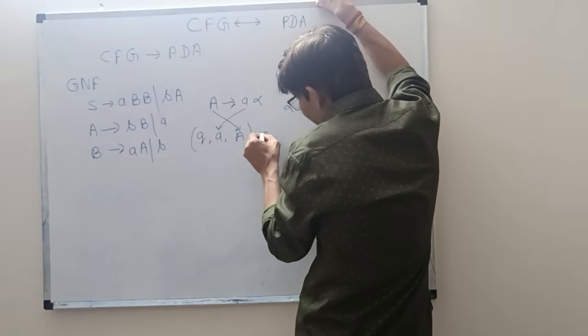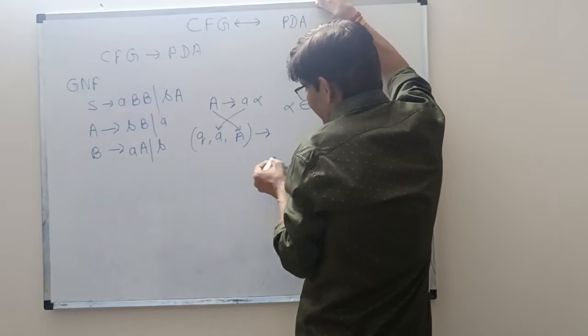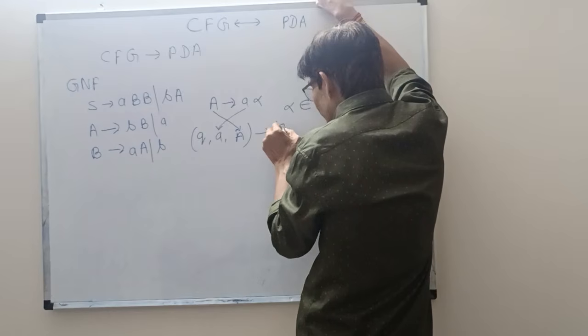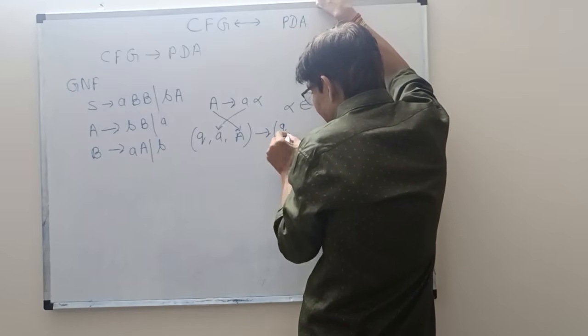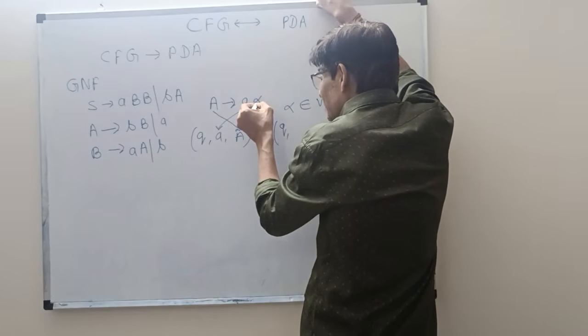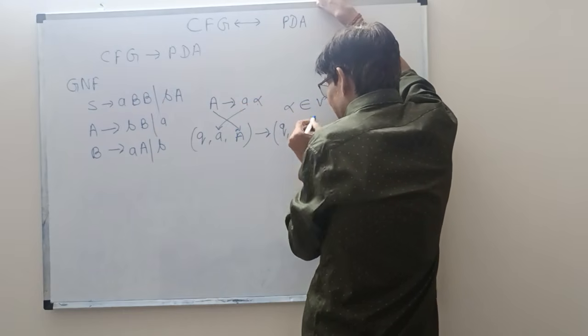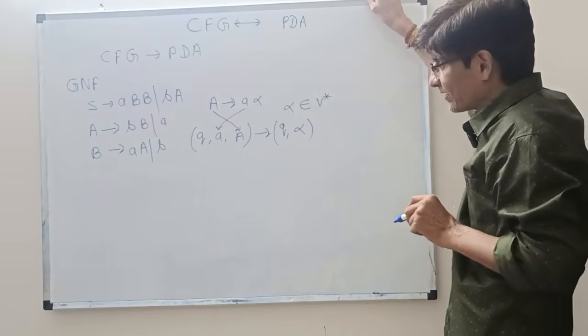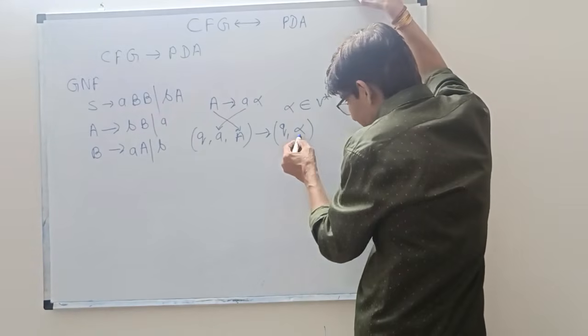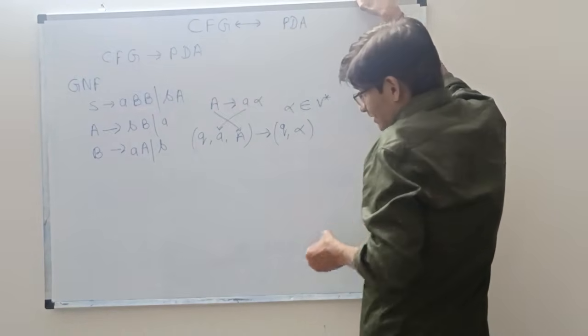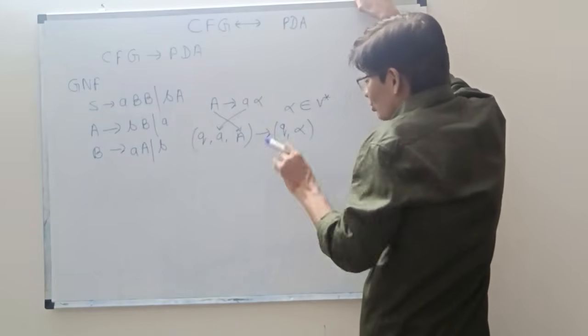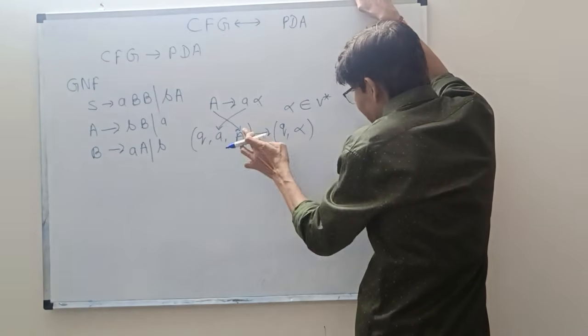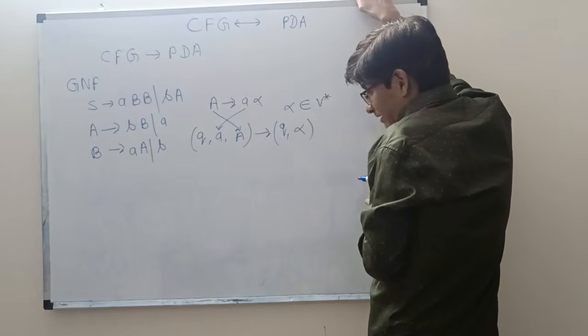Then this combination will give you, again, the same state Q, and you will insert the string of variables into the stack. Remember, friend, whenever we insert some element into the stack, we generally also write the current stack top on the right-hand side.